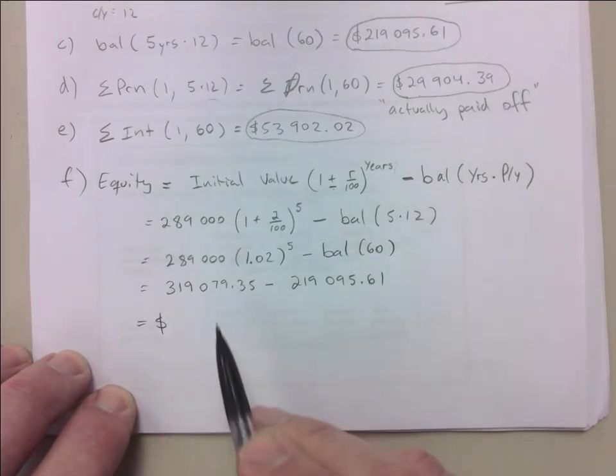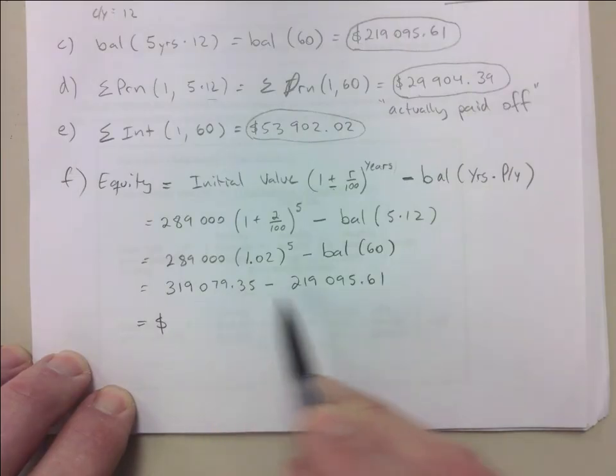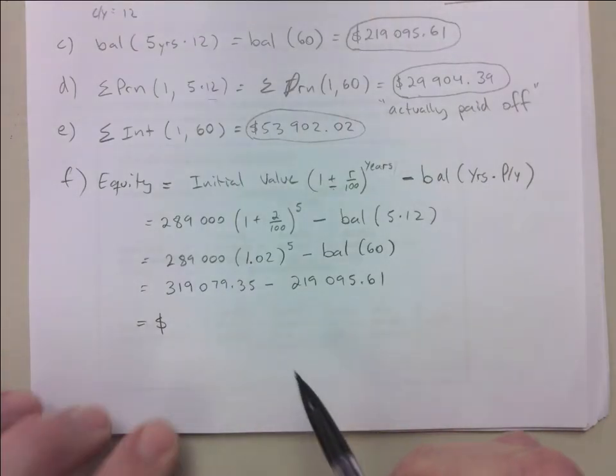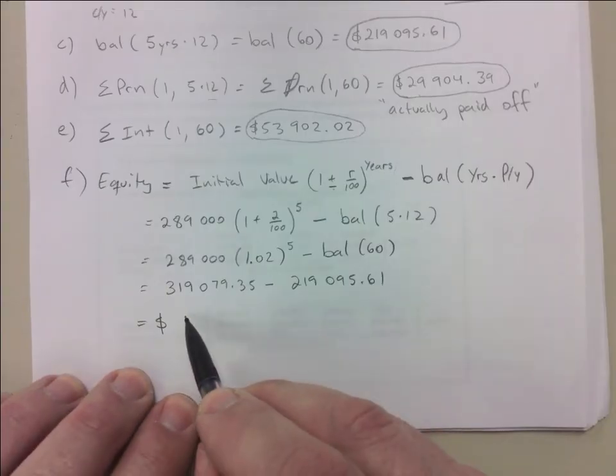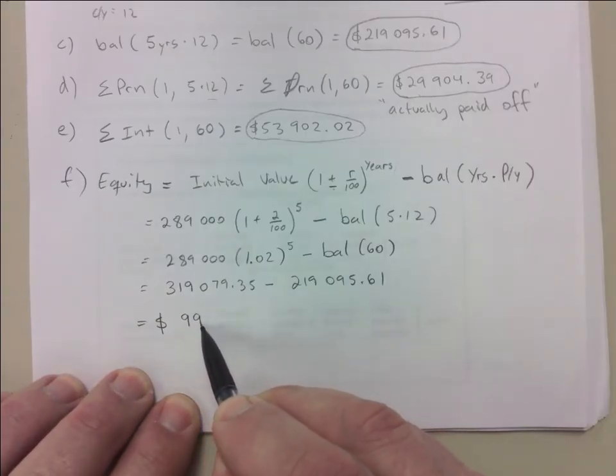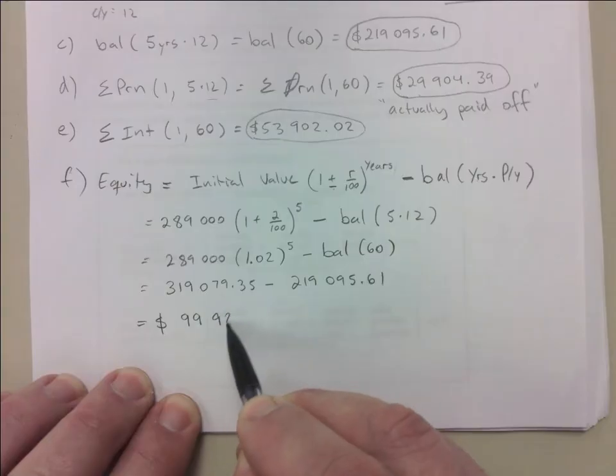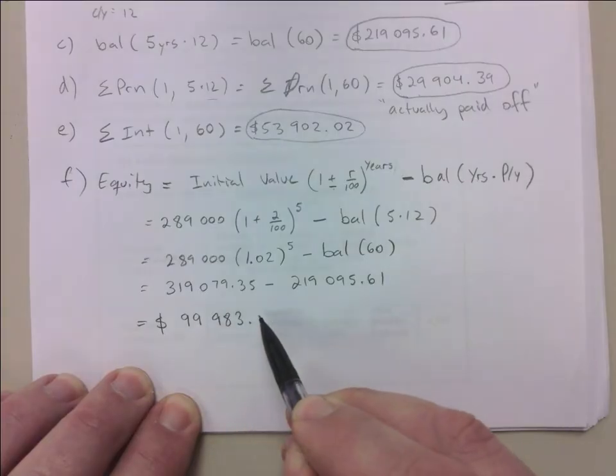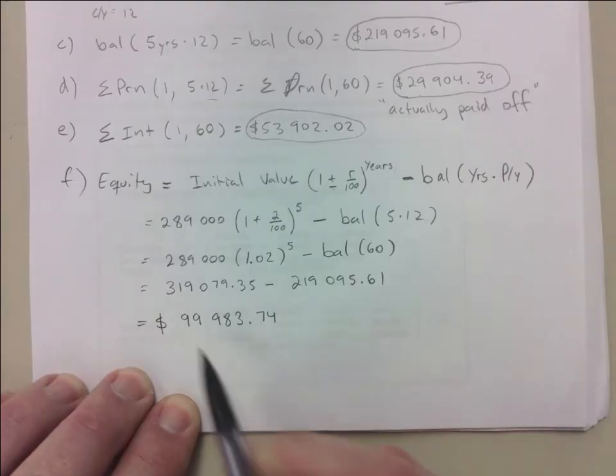And here's your final answer. When you subtract these two, you're going to have accumulated equity of 99,983 and 74 cents.